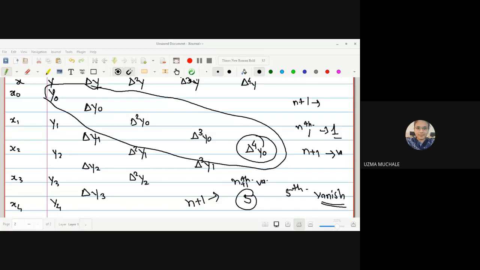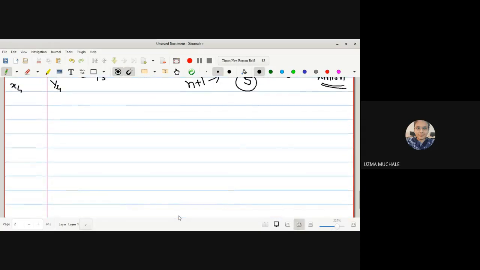Okay, now let us see the backward differences. For the backward differences, again the same values are given.